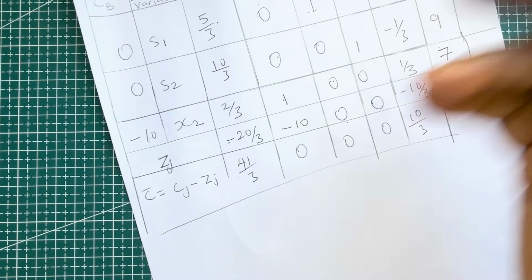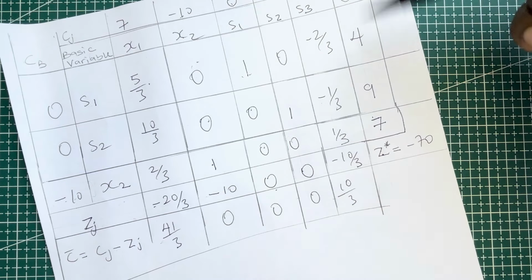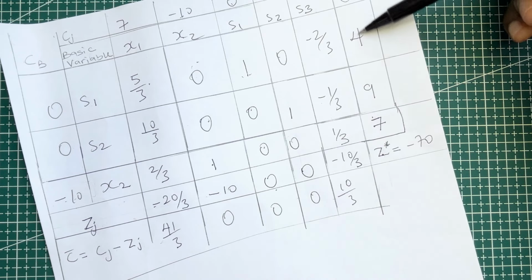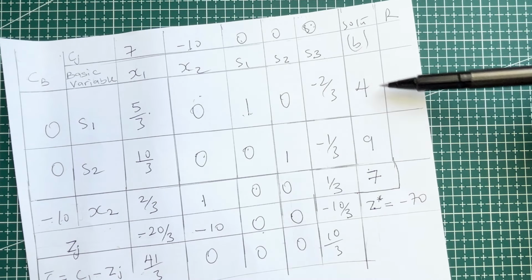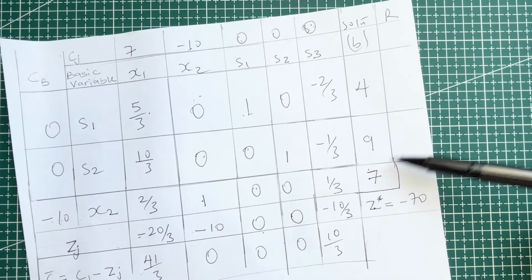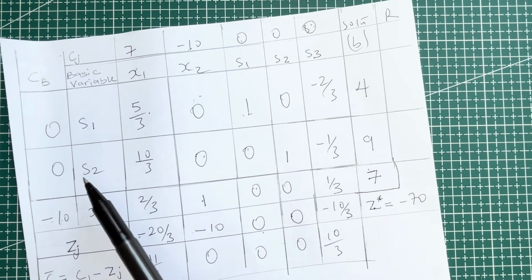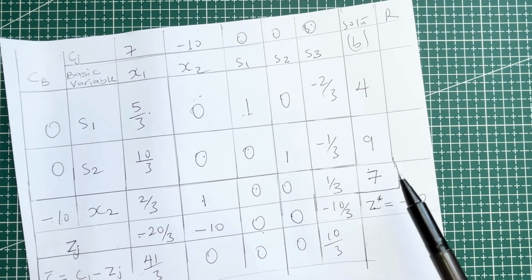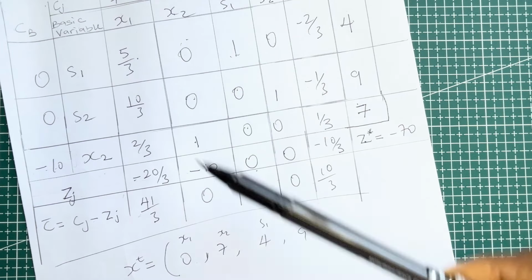So here, first of all, we find our X transpose. Our X transpose is all the values here in our solution, in our B. All the values in our B, we have 4, 9, and 7. And for the 4, 9, and 7, we have x1 to be 4, x2 to be 9, and x3 to be 7. So x1 here, we have 0 because there's no value for it.